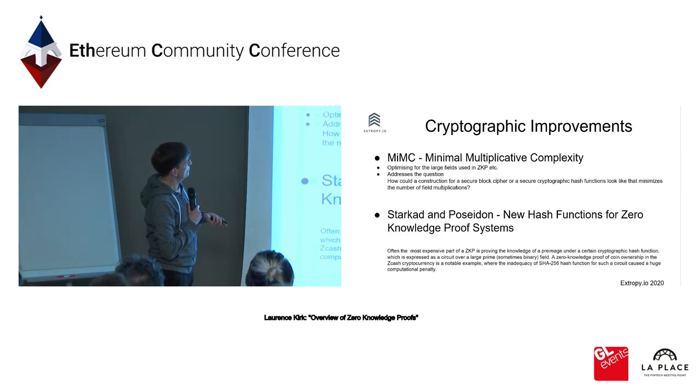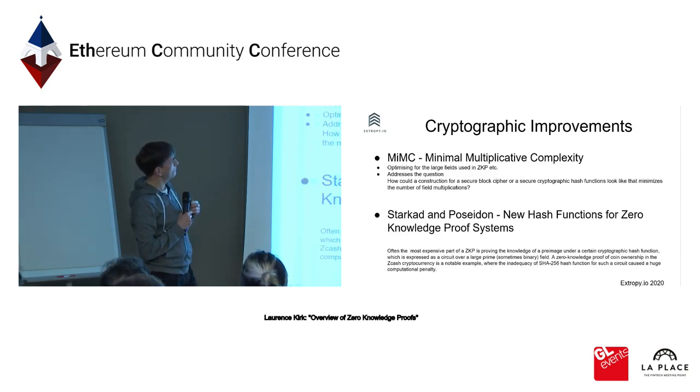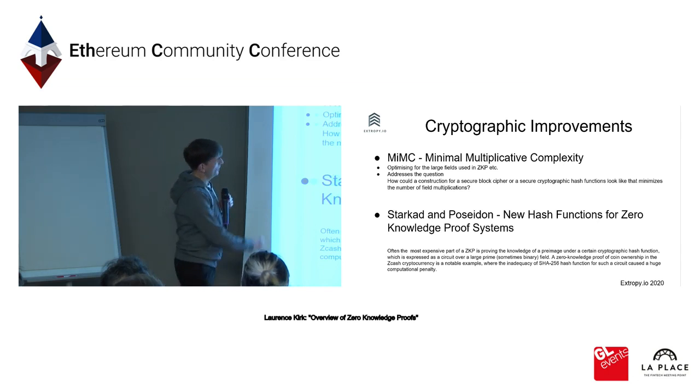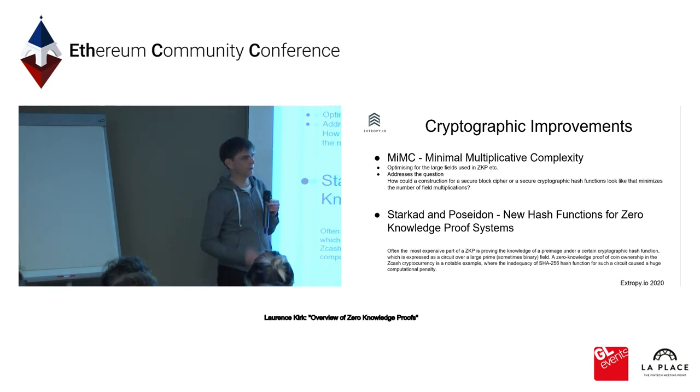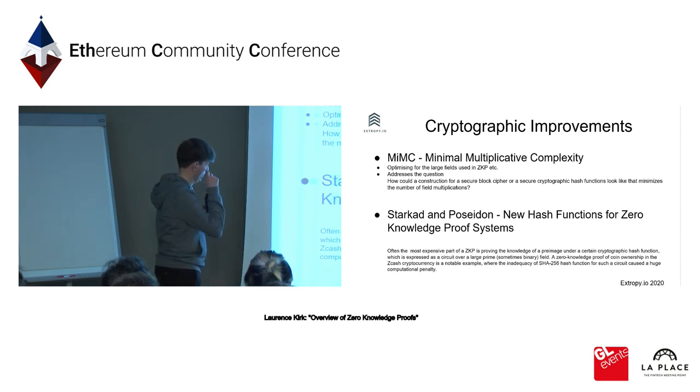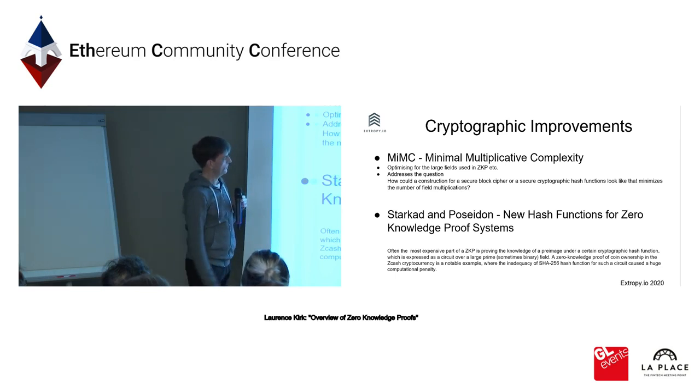Okay, so improvements to SNARKs. There have been improvements to do with the cryptographic primitives, so you've got improvements on hashing functions: MiMC, Poseidon, StarkAdd. One of the most expensive parts in terms of computation can be hash functions, particularly doing a SHA-256 hash or something like that, and these projects have really reduced the amount of computation needed.